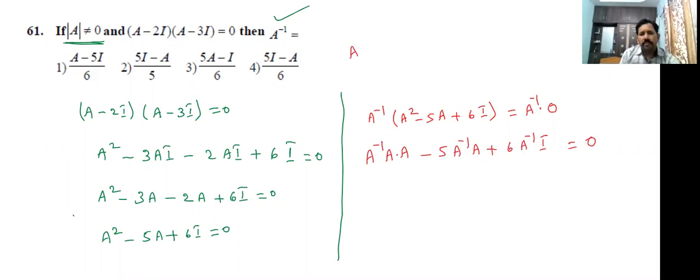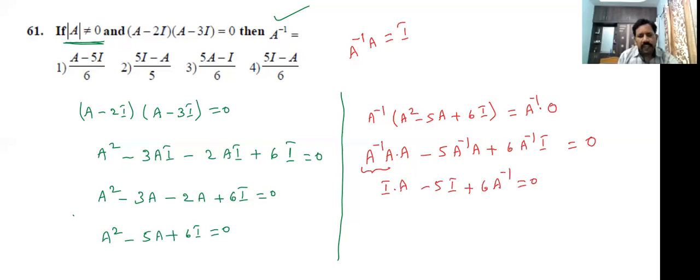What is A inverse into A? That is equal to I. So here in place of A inverse into A, write I into A minus 5I plus 6 A inverse, that is equal to 0.